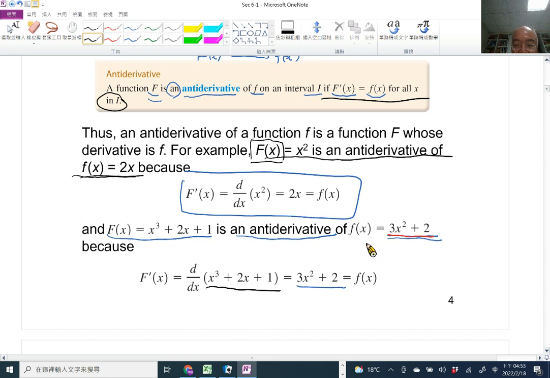Okay, so little f will correspond to the function after the derivative. The capital F of x will be the function before the derivative operation. Okay, and since you can treat this as the opposite operation of differentiation, we call capital F of x an antiderivative.